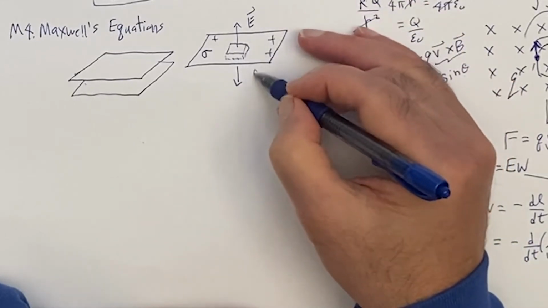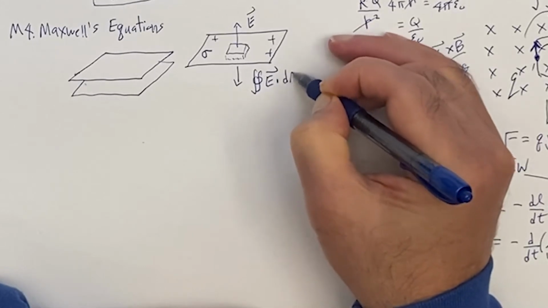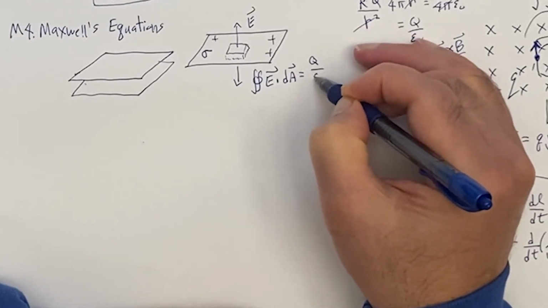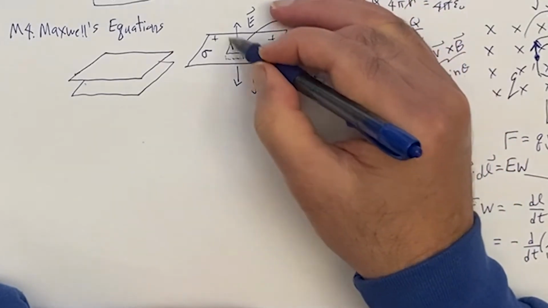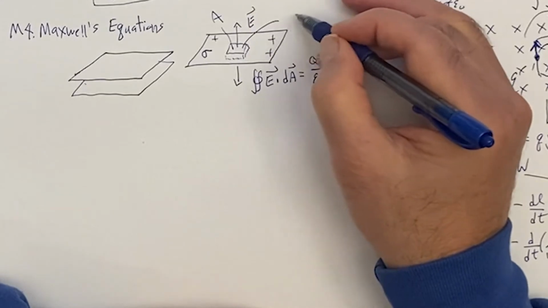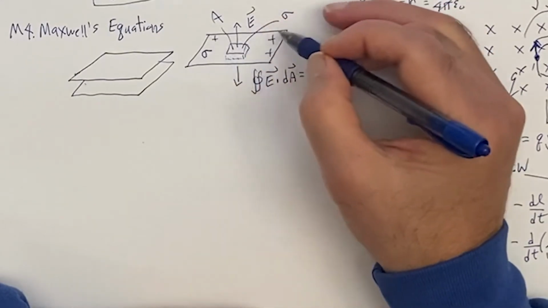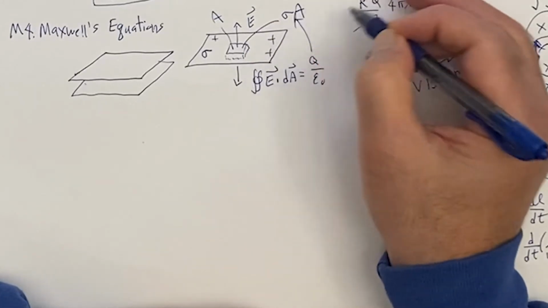So then if you do the Gauss's law, E dot dA is Q on the inside. The Q on the inside here would be, if this is an area A, that would simply be the density. This is the charge density, the charge per unit area. That's all that is.